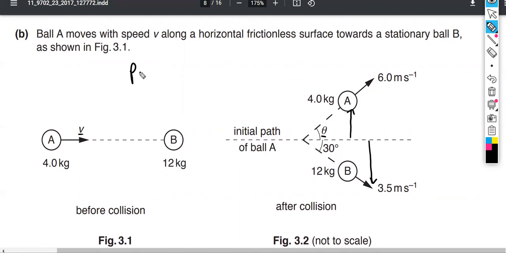You could say it's the sum of the individual momenta: the velocity of A in the y direction is 0, the velocity of B in the y direction is 0, so their individual momenta are 0 in that direction. We sum them up, and that's got to be true over here too. The after momentum has to be 0, so the positive momentum of this vector is equal to the negative momentum of that one.